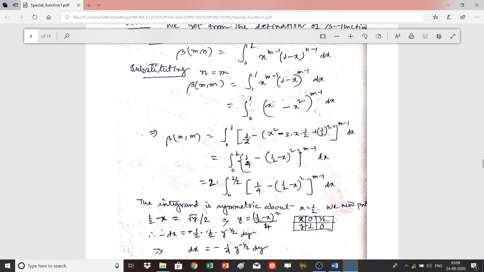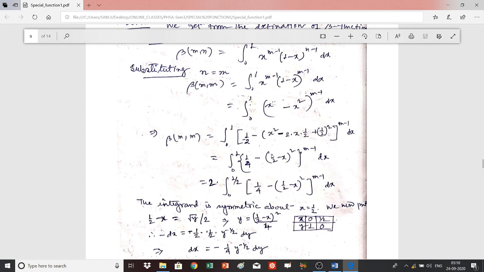Obviously it will be 1 by 2, 1 by 2, that means 1 by 4. It will be 1 by 4 minus x square minus 2x into half plus half square, to the power m minus 1. If you expand it, the first term will give you minus x square.